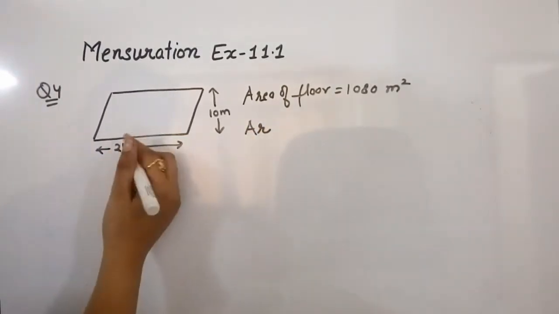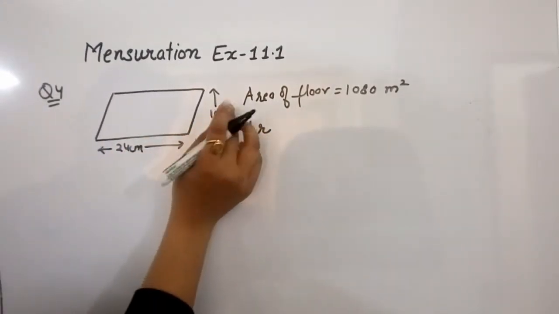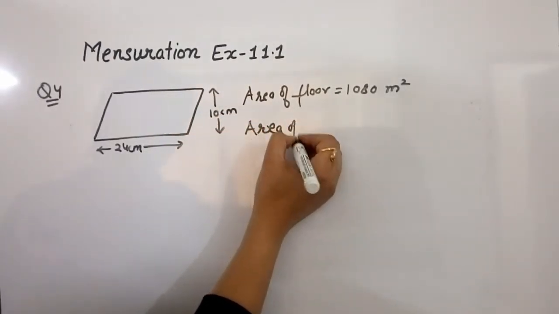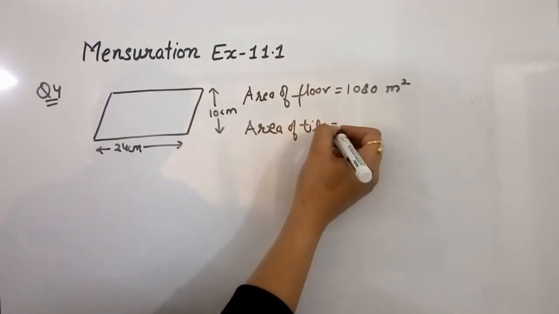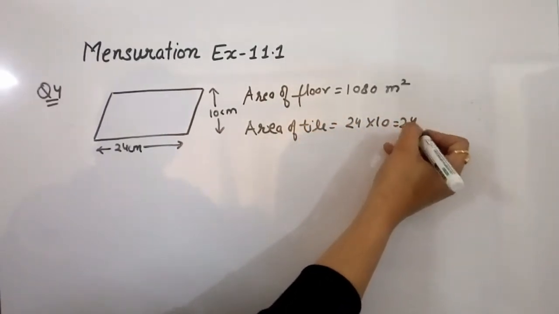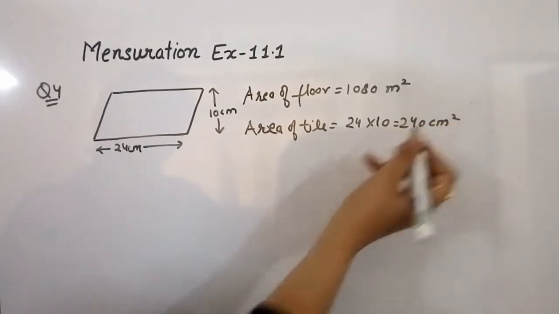Sorry, it is given in centimeters. Area of tile is equal to 24 into 10, that is 240 centimeter square.